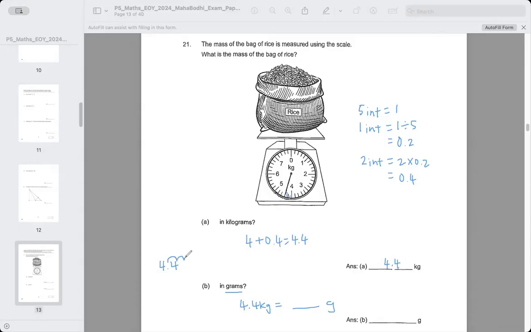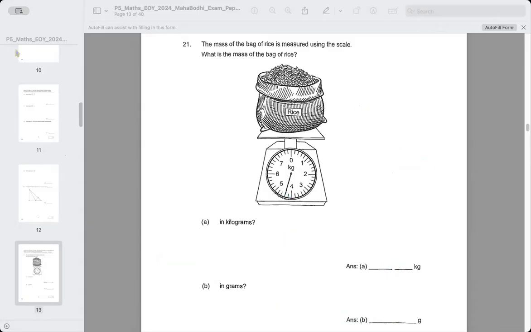So 1, 2, then 3. Your decimal place will end up somewhere here, so it'll be 2 zeros. So your answer will be 4,400 grams. So multiply by 1,000. Let me clear my drawings and we can move on to the next question.